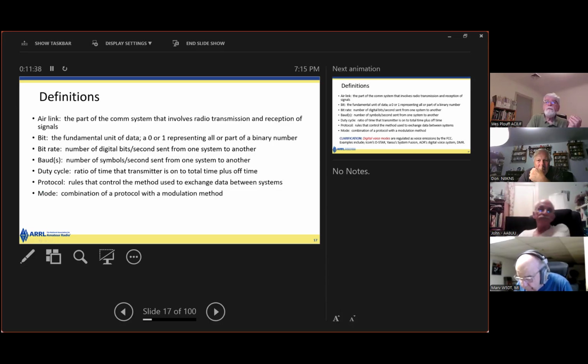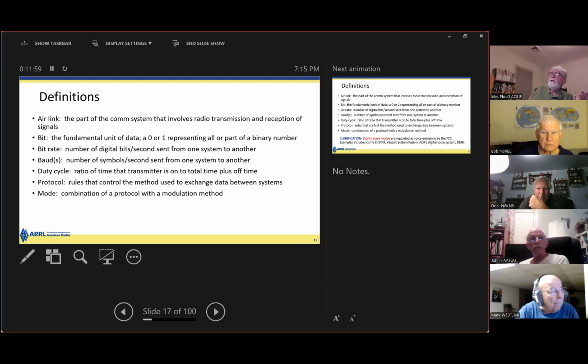So let me give you some definitions here that will make sense for the rest of the slides. An air link is basically the frequency part of the communication link. So it involves the radio transmitter and receiver, and the radio signals that are passed between them.